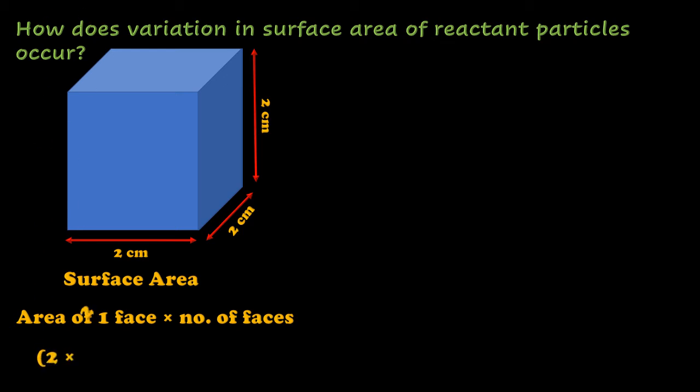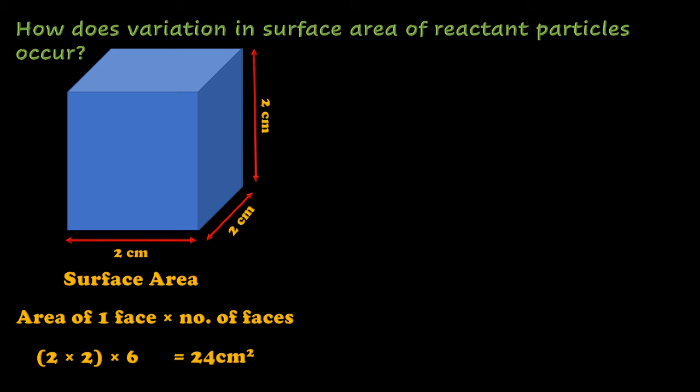The area of one face with a dimension of 2 will be 2 multiplied by 2, and then we multiply by the 6 faces. What result do you get from this? Hopefully, you've used your calculator or you've done mental arithmetic and you get 24 square centimeters.